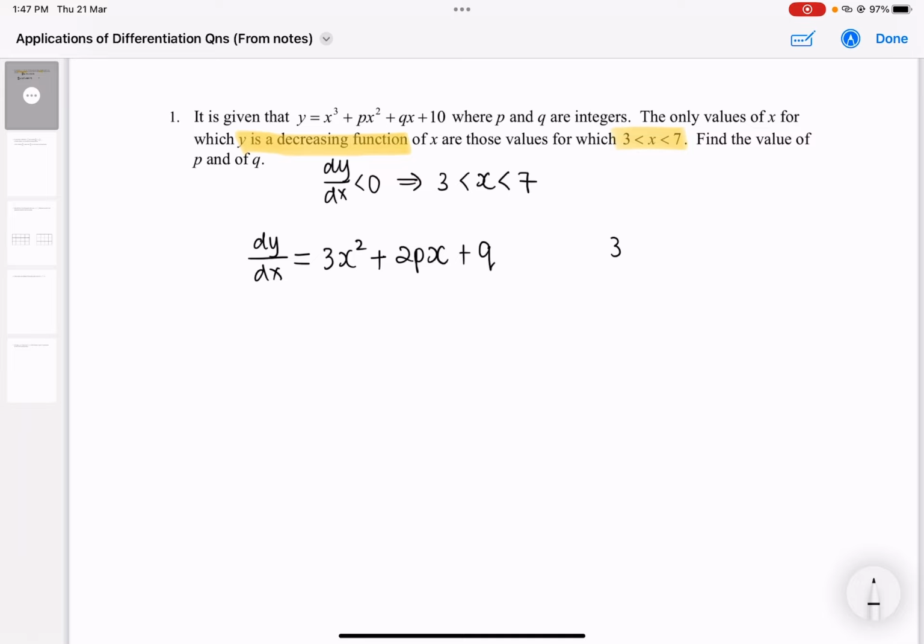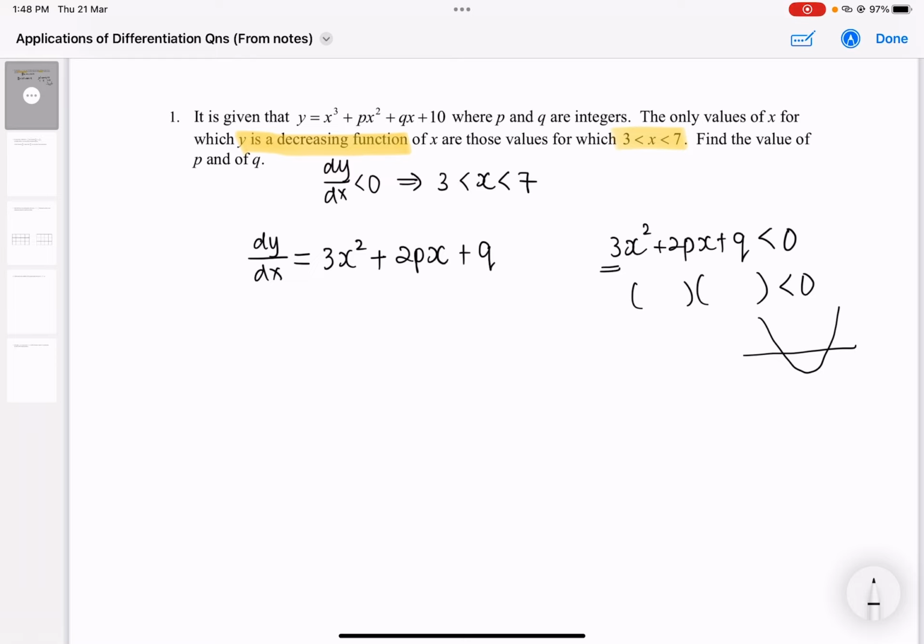Now, if I were to solve this quadratic inequality where this is less than 0, let's think about what the steps would be. First, I will need to factorize this. Of course, now I can't do it because p and q are unknowns. But after I factorize it, I will sketch a quadratic graph.